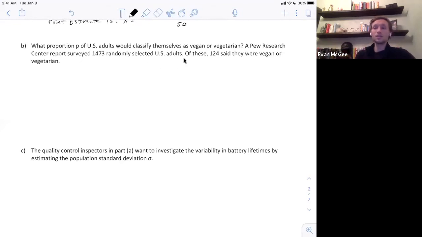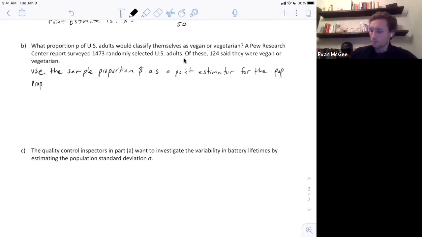So our estimator is going to be p hat because we want to estimate the population proportion. The point estimator is p hat to try and estimate the population proportion, p, and the point estimate is the actual value of the sample proportion.